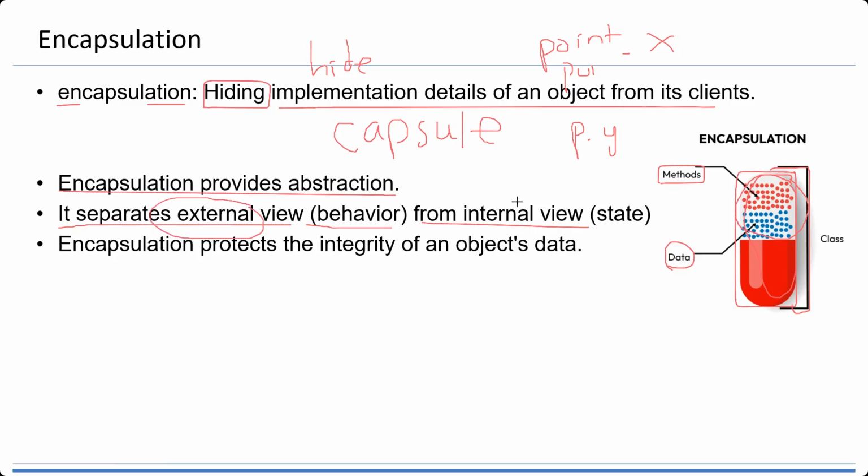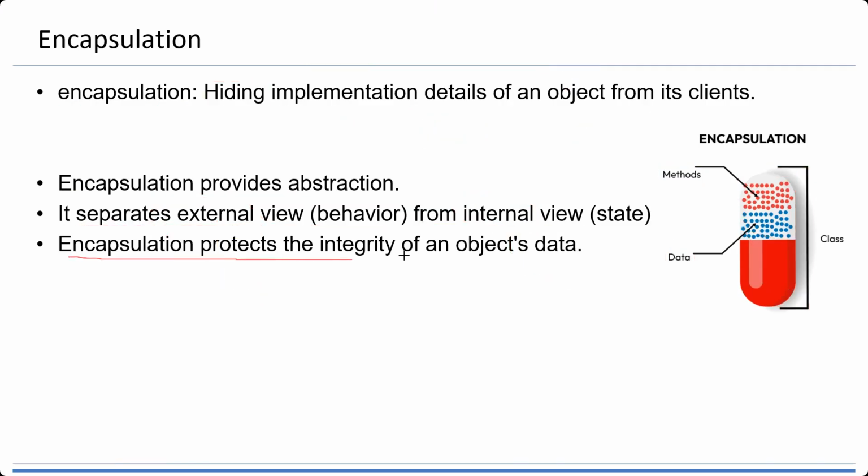The external view means you can share to the user, to the people. The internal view means only the developer, the person who developed the class, understands the behavior and the data. So encapsulation protects the integrity of an object's data.